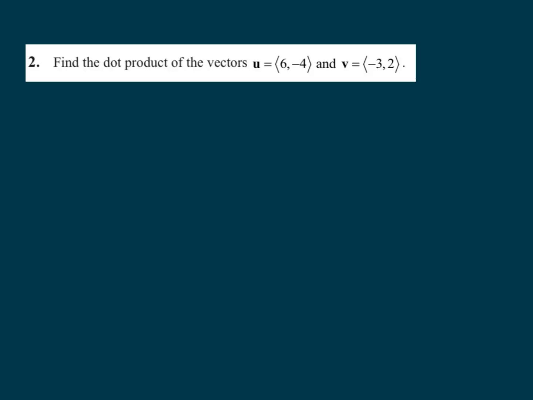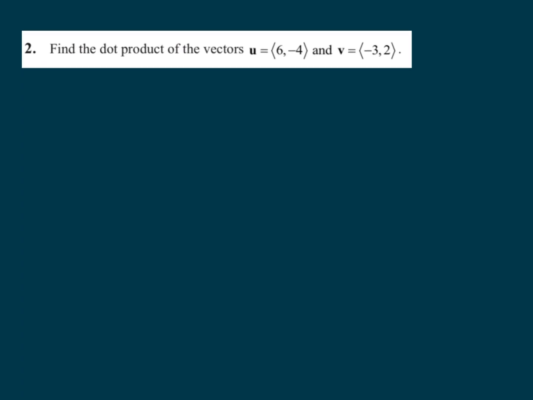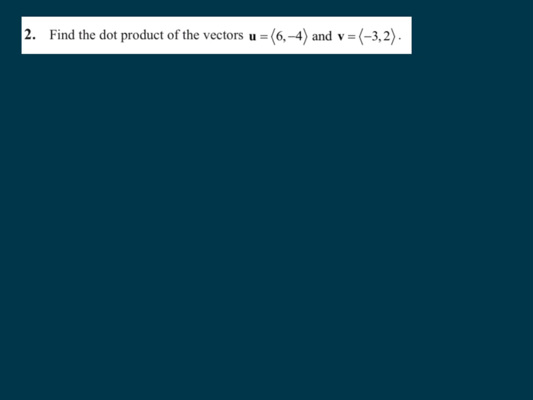Now we solve another problem. Find the dot product of the vector u = (6, -4), the vector that runs from the origin to the point (6, -4), with the vector v = (-3, 2). You can represent the two vectors and realize if the dot product will be positive, negative, or 0 if they are perpendicular.